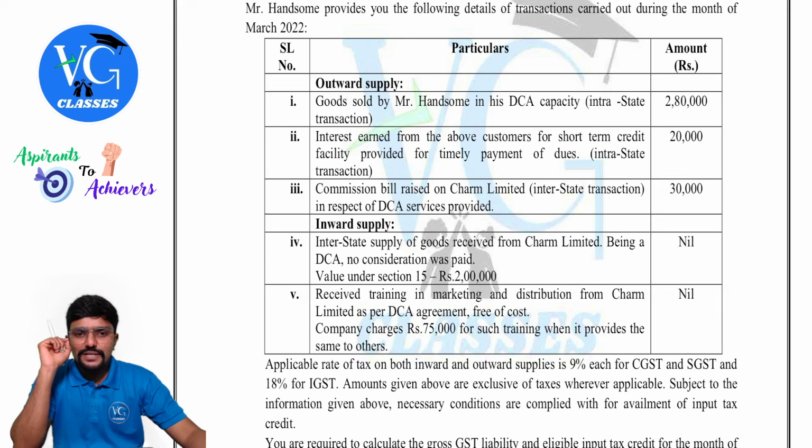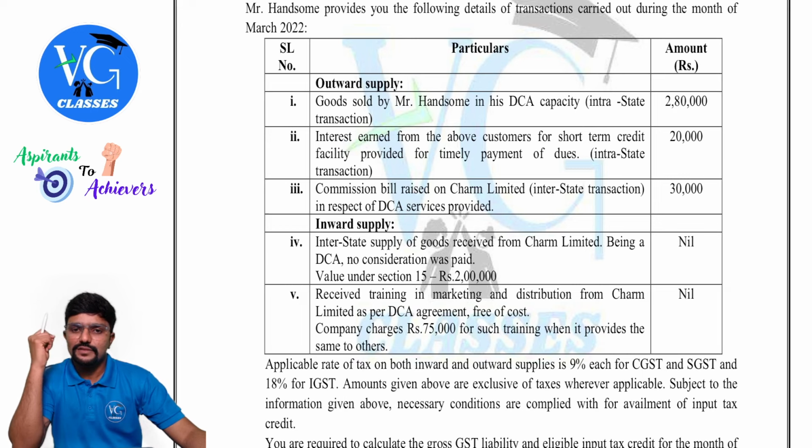Interest earned from the above customers for short-term credit facility provided for timely payment of dues, 20,000. Commission bill raised on Charm Limited, that is the principal, interstate transaction in respect of DCA services provided, 30,000. Inward supply, interstate supply of goods received from Charm Limited being a Del Credere agent, no consideration was paid.